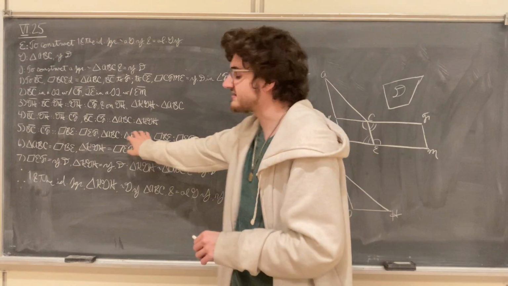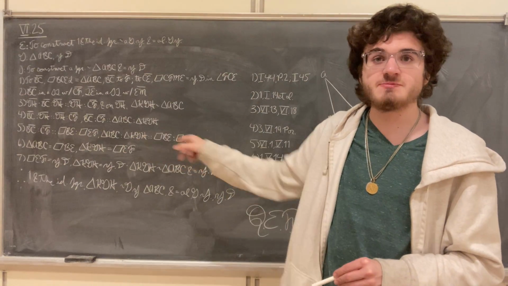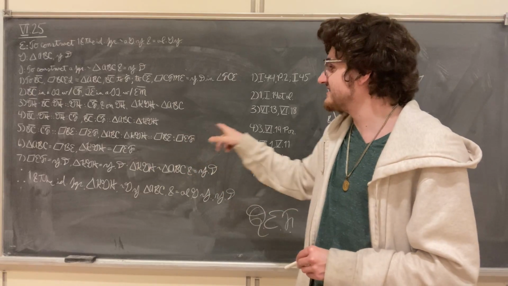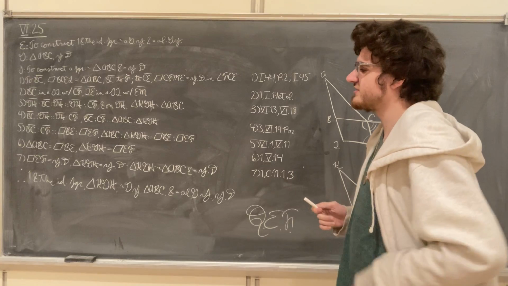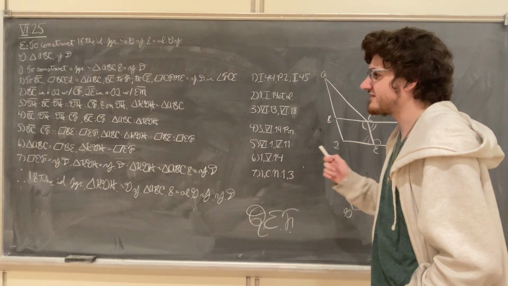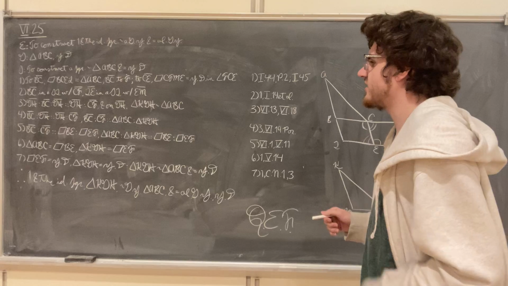Right, when we have four magnitudes that are proportional, and the first be equal to the third, the second is then equal to the fourth, so that because the triangle ABC is equal to the parallelogram BE, the triangle KGH is equal to the parallelogram EF.